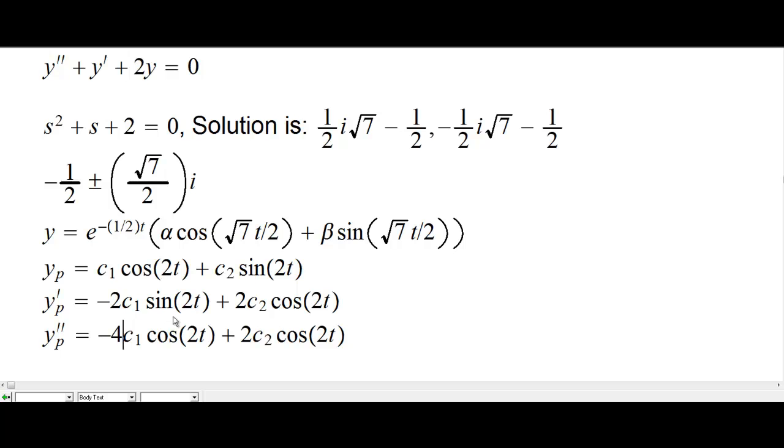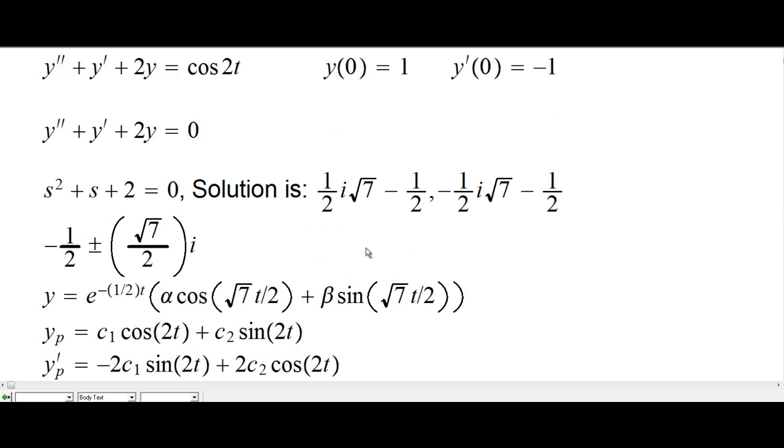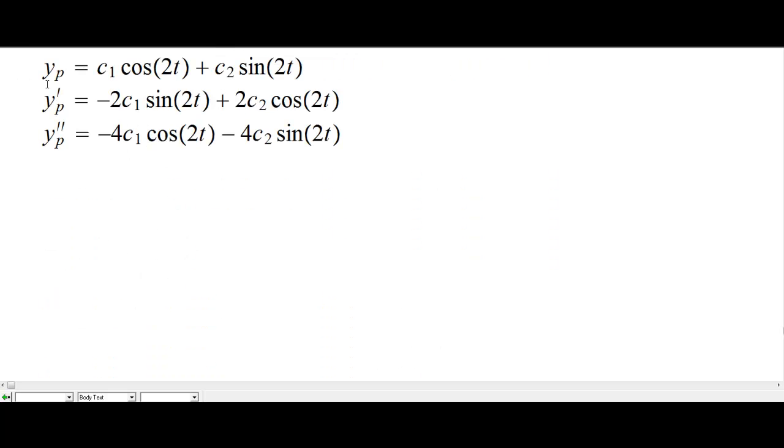The negative sign stayed because the derivative of sine is cosine, and I have this 2 when I differentiate because of the chain rule, we get another factor. And then cosine differentiated is going to produce a negative sign here, and then I got 4 here, and then sine. And now, as you said, we'll take them back in here.